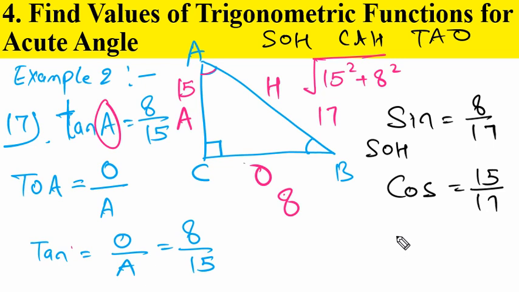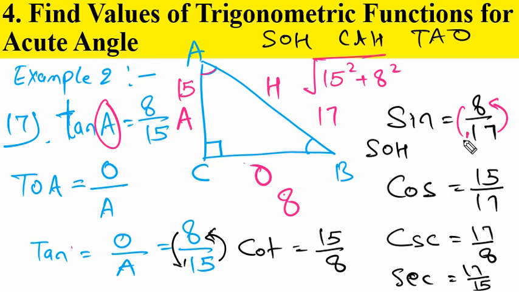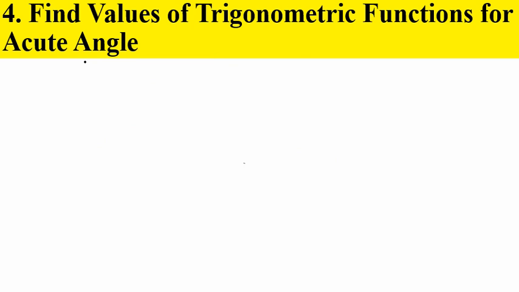Cosecant is 17 over 8, secant is 17 over 15, and cotangent is 15 over 8. Just flip these. If you watch the video, you will understand what I have done here. So don't skip.